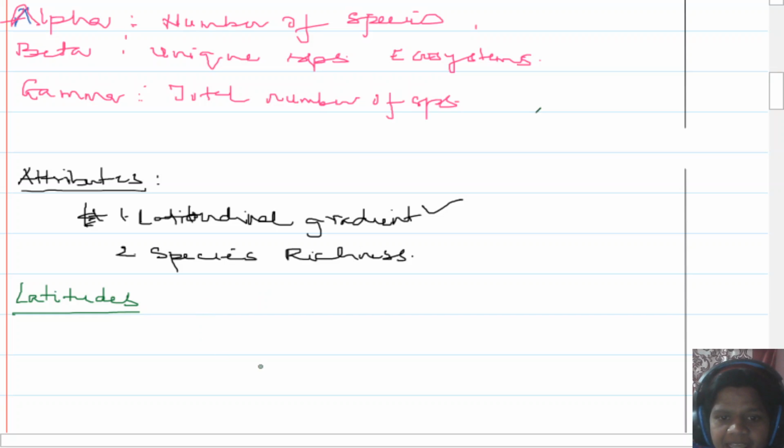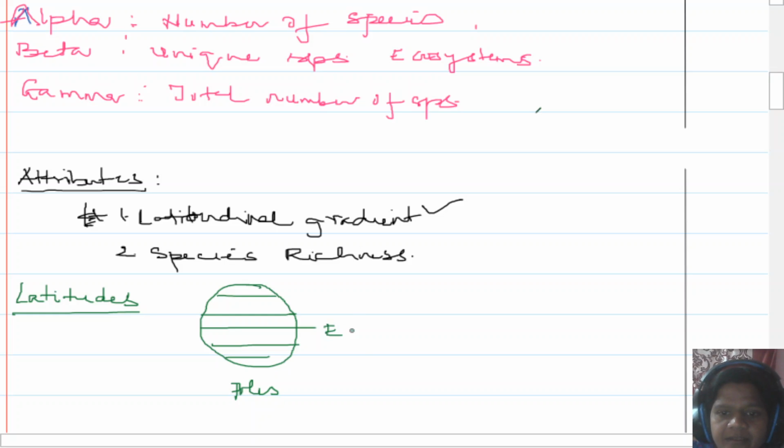Okay, so if we take the globe, these lines that go across are latitudes, right? Remember, these are the poles. This is 0 degrees, right? So gradient means something that goes from lower to higher or from higher to lower.